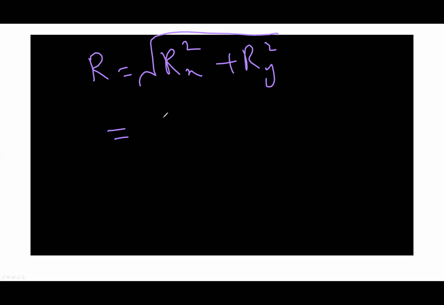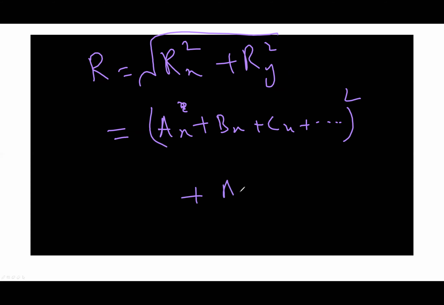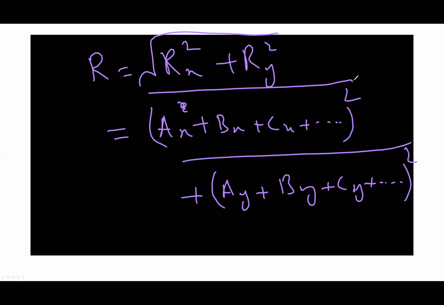So, it is equal to the square root of Ax plus Bx plus Cx plus dot dot dot whole square, plus Ay plus By plus Cy plus dot dot dot whole square. This square root is continuous. So you will write this relation.